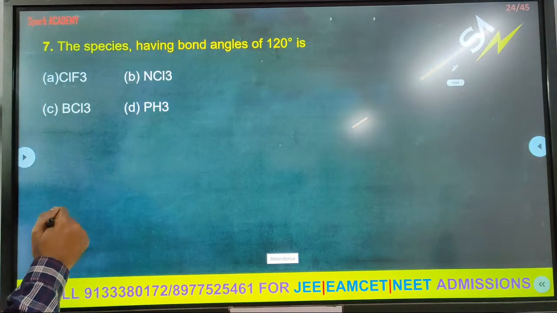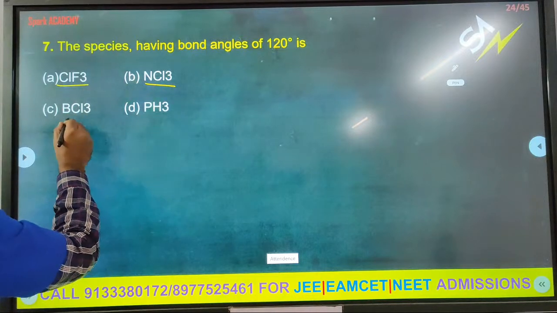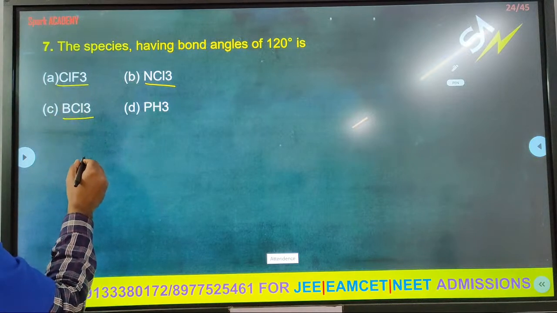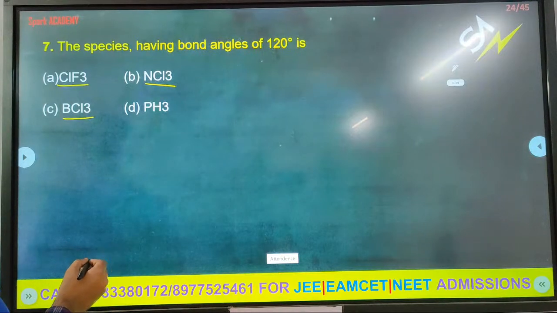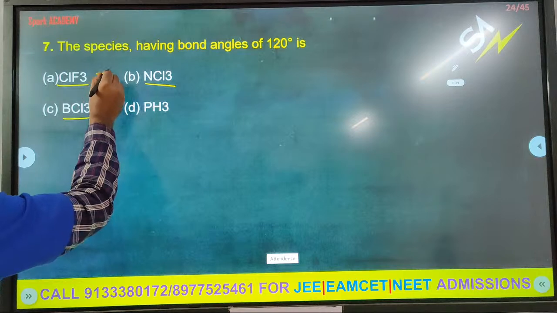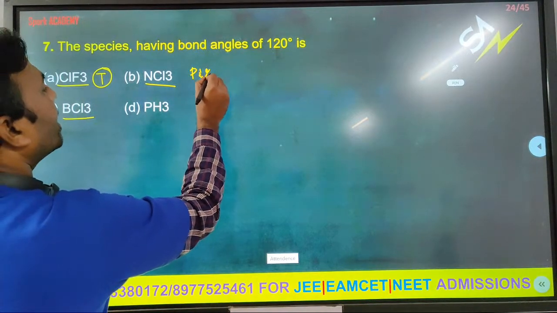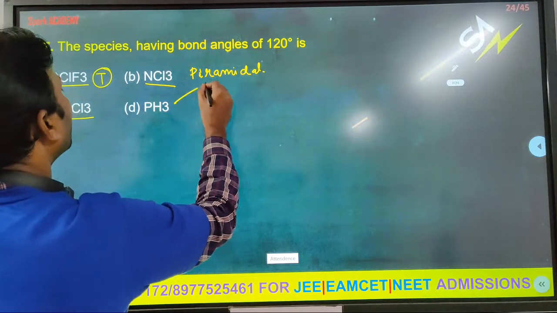ClF3, NCl3, BCl3. What about ClF3? ClF3 is T-shaped. NCl3 is pyramidal. PH3 is also the same.